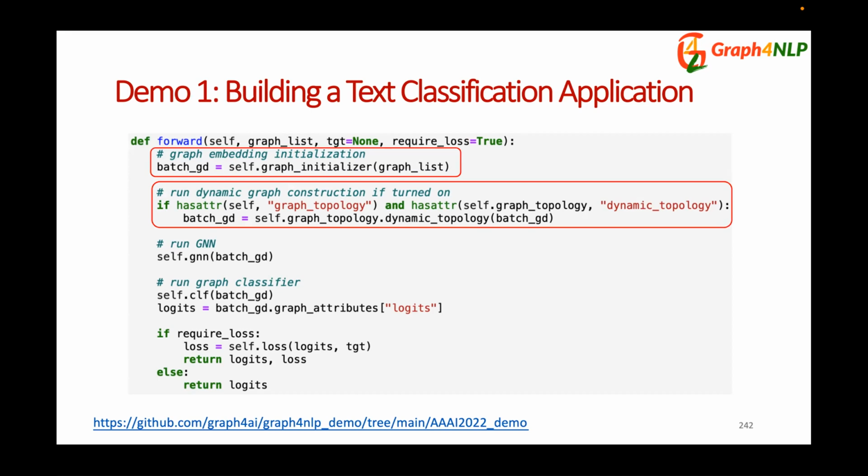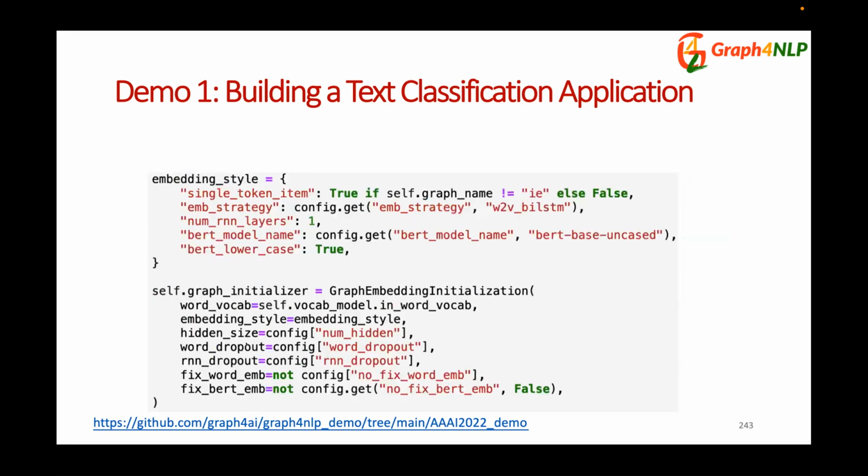Dynamic graph construction does graph construction, graph structure learning and graph representation learning on the fly, so we will call this dynamic graph construction function when we run the model. That's why this appears in this PyTorch forward method. And then we can call the GCN API to learn the graph embeddings. Then we have a graph classifier for the prediction module.